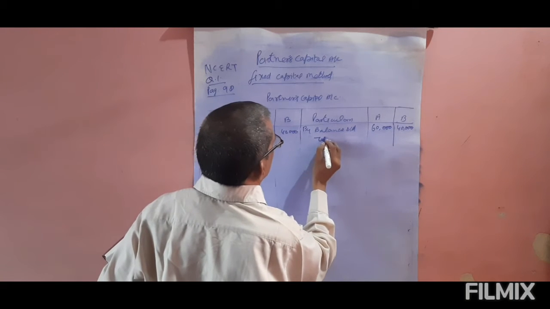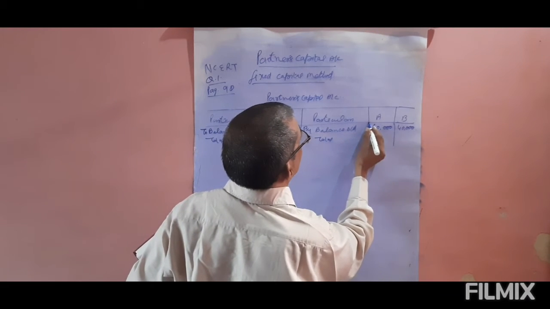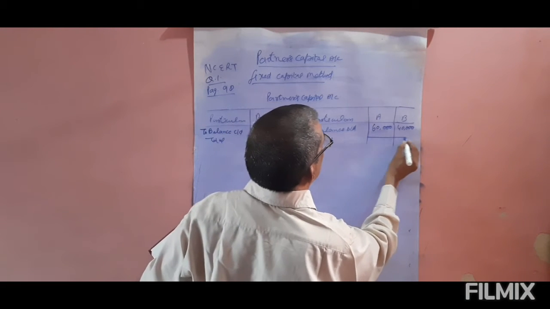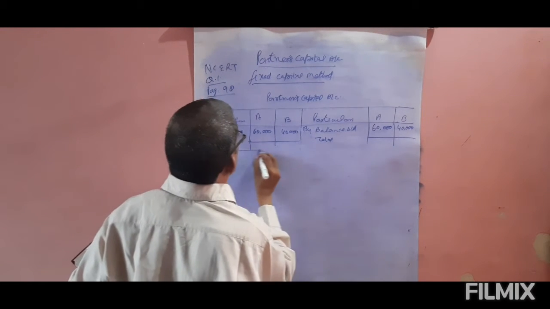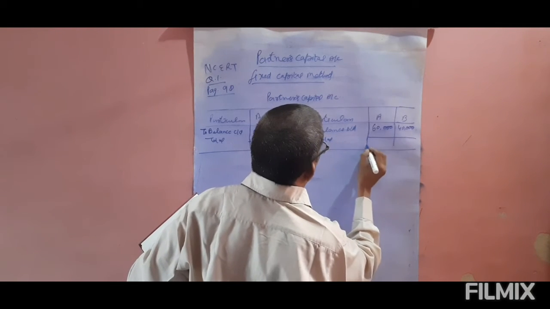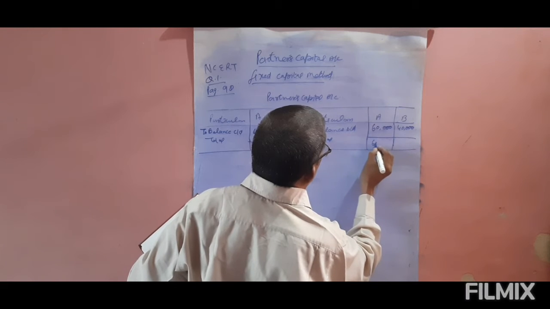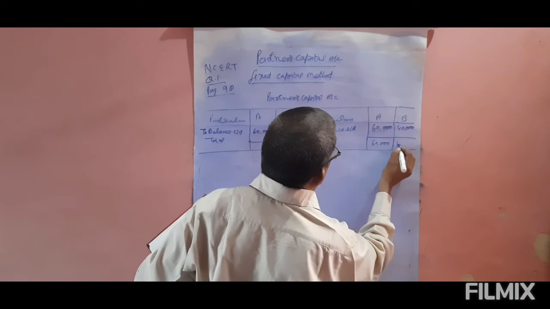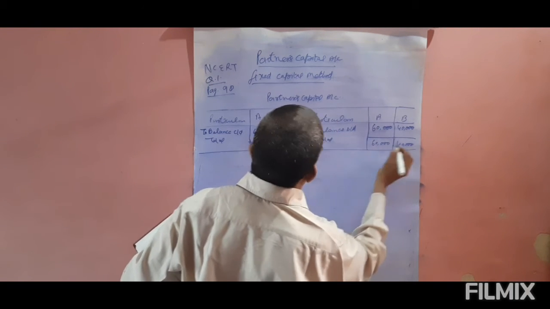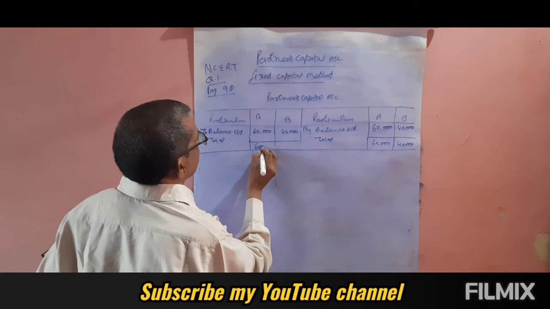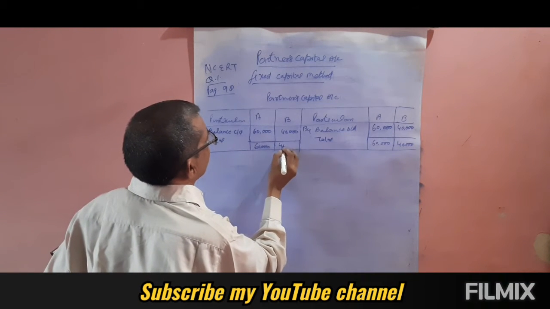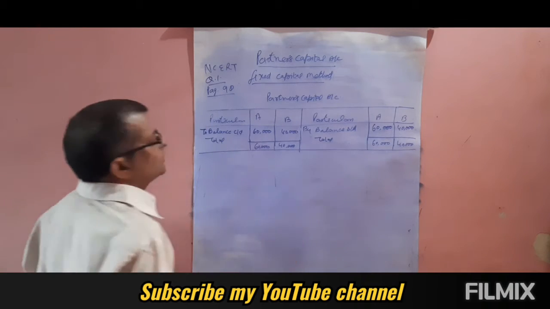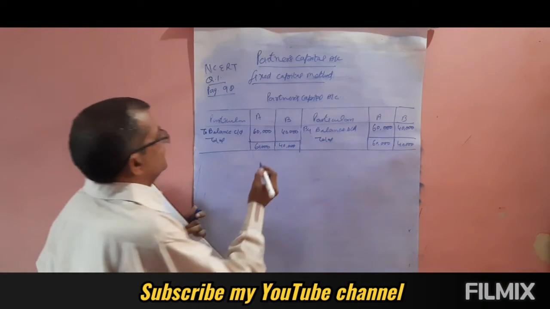We make a total of this, 60,000 and 40,000 only. 60,000 and 40,000.